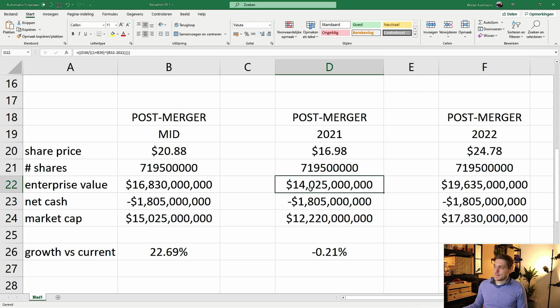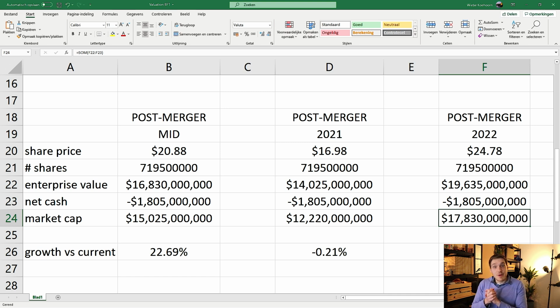So for the low end, if you take 14 billion minus 1.8 billion, that leaves you with a fair market cap of 12.2 billion. The midpoint is going to be 15 billion. The high valuation is going to be $17.8 billion. So that's quite easy, right?